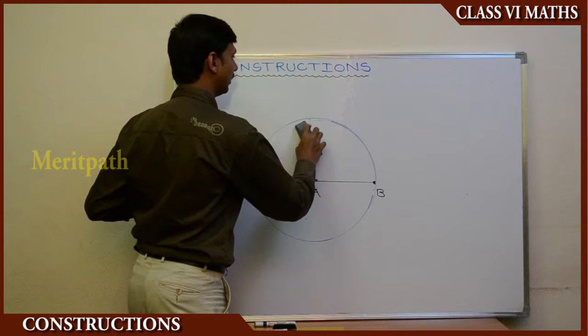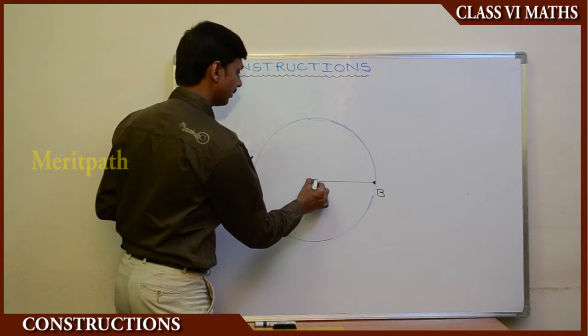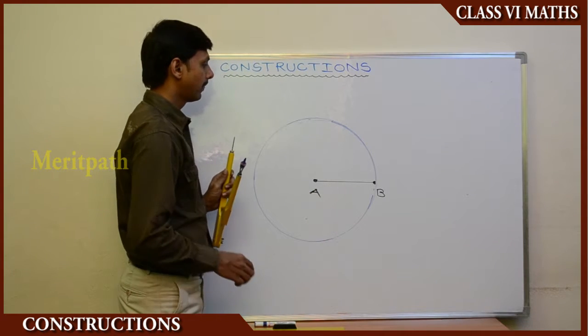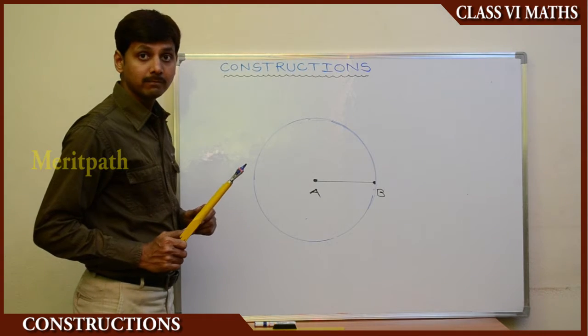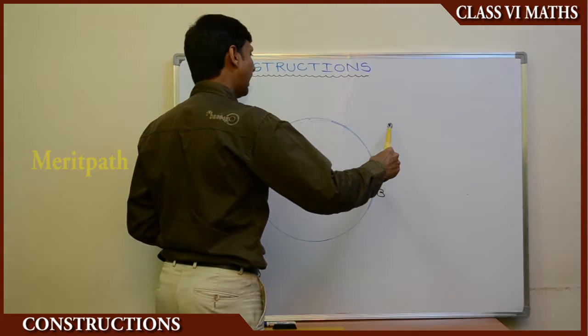We have drawn a circle using the center A. So now let's take B as the center and draw another circle.